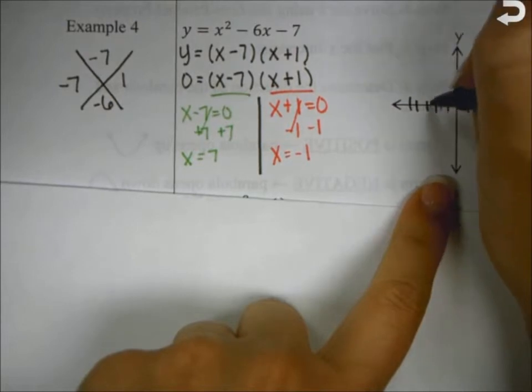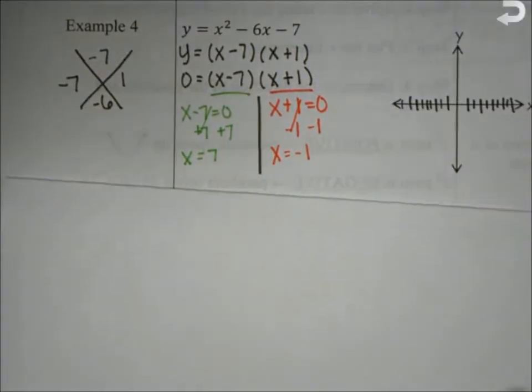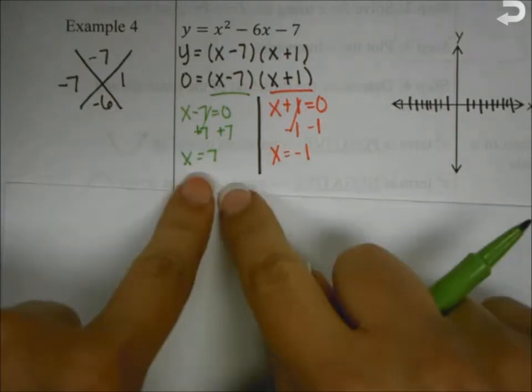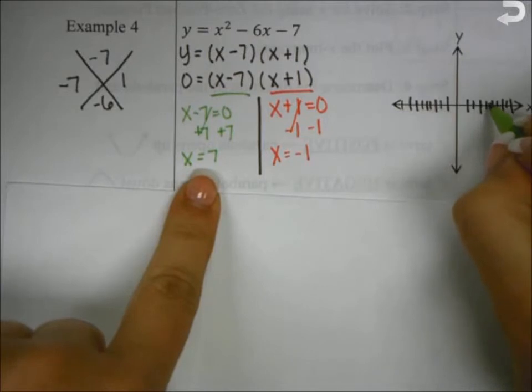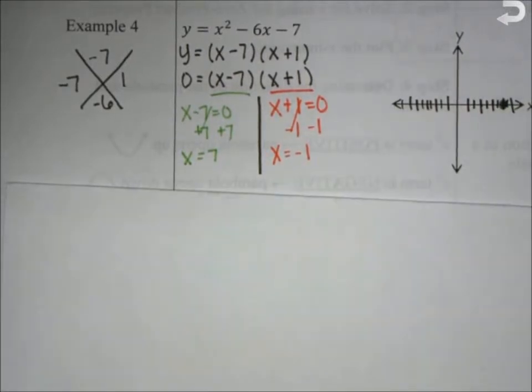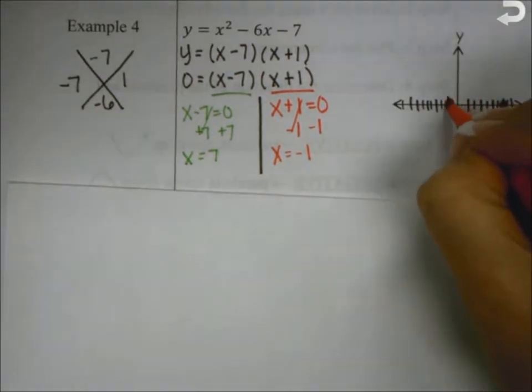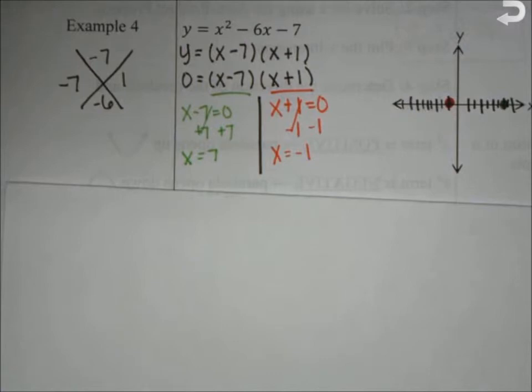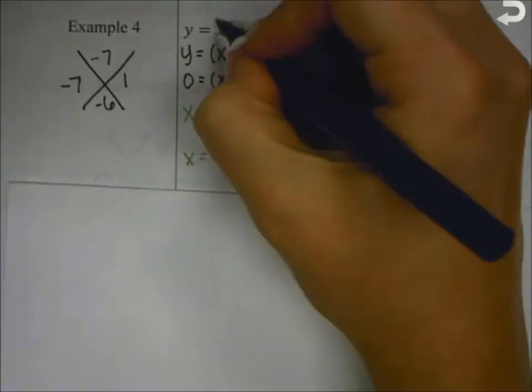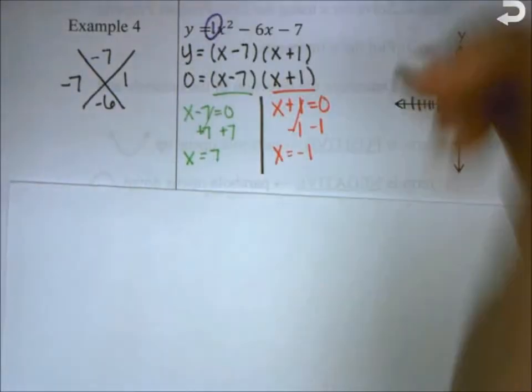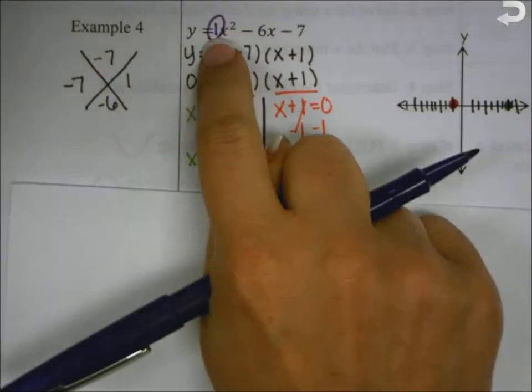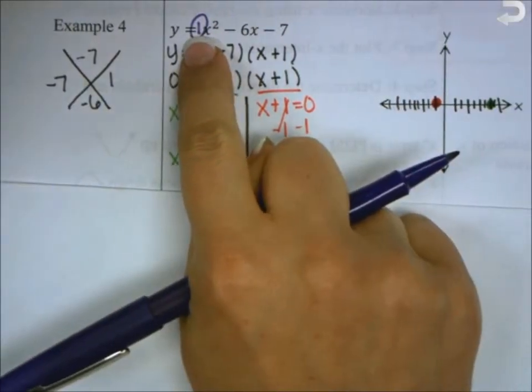So 1, 2, 3, 4, 5, 6, 7. And the second one, the red one, is at -1. So right here. And then notice that my x squared, there's nothing in front of it, so there's an invisible 1, but that's positive. So my parabola is going to be opening upwards. So I'm just going to draw an upwards parabola going to infinity with the arrows at the end through those two x-intercepts. And then we're done.